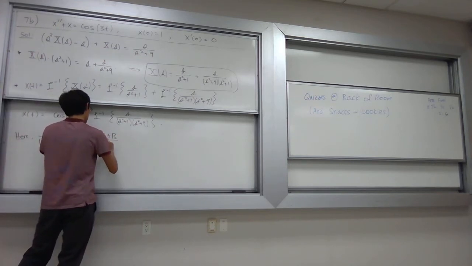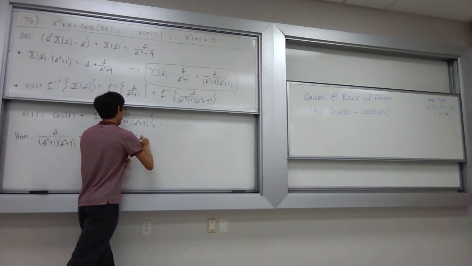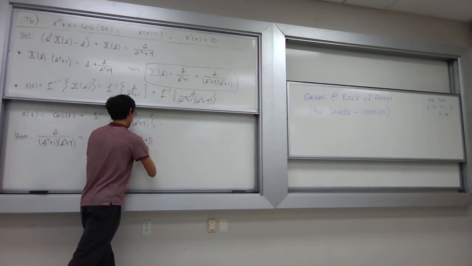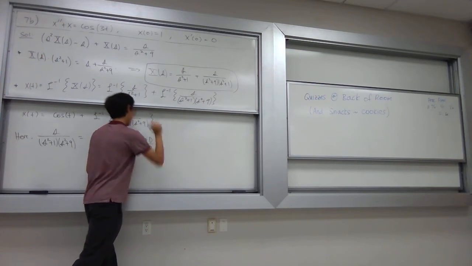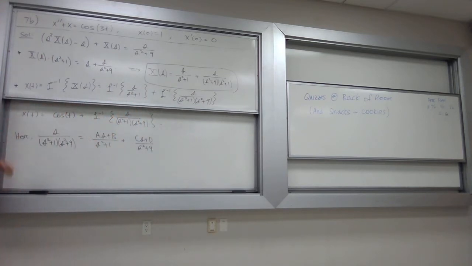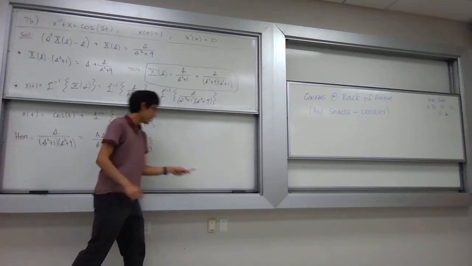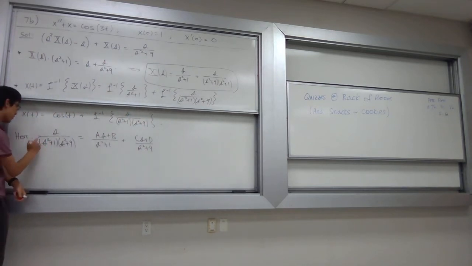first one, and then like cs plus d over the second one. Okay. Good. And what do we do first when we go about solving this? Whenever you want to solve for partial fractions, multiply by the whole denominator of the original function.